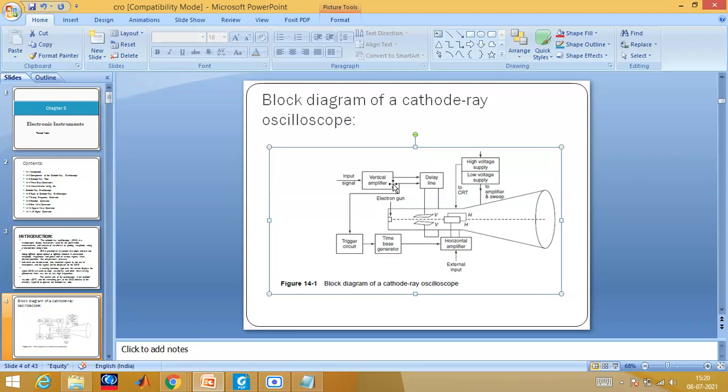And here the very important part is the trigger circuit, because any electronic component which you see in your day-to-day life, like a mobile phone, TV, washing machine, everything, requires a triggering circuit. Triggering circuit means that when your circuit becomes on, we require a triggering signal, so we will have special parts for that.